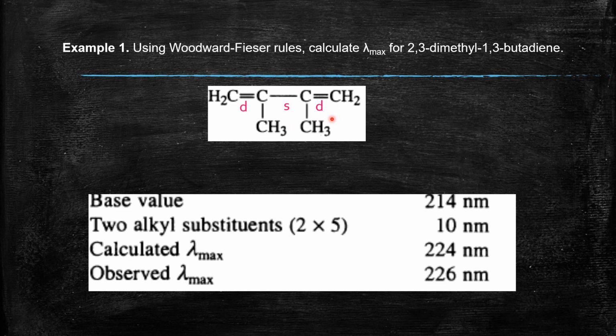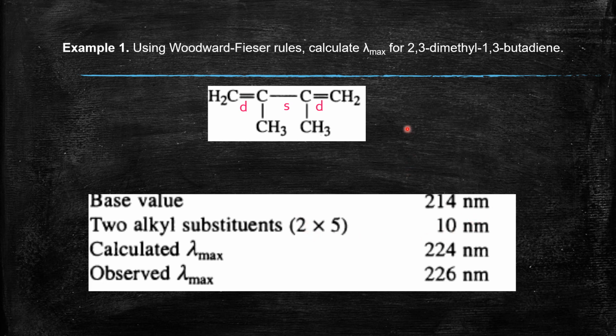When a substitution is present at the conjugate system, we call it an alkyl substitution. See here, the second carbon has one methyl group, and the third carbon has another group. So it has two alkyl substitutions. For one alkyl substitution 5 nanometers, so two alkyl substitutions, 2 into 5, 10 nanometers.